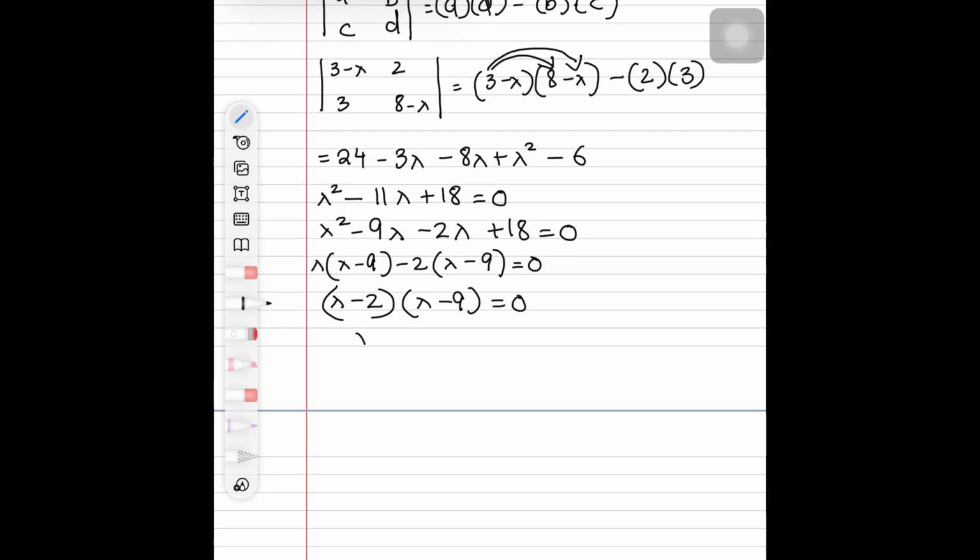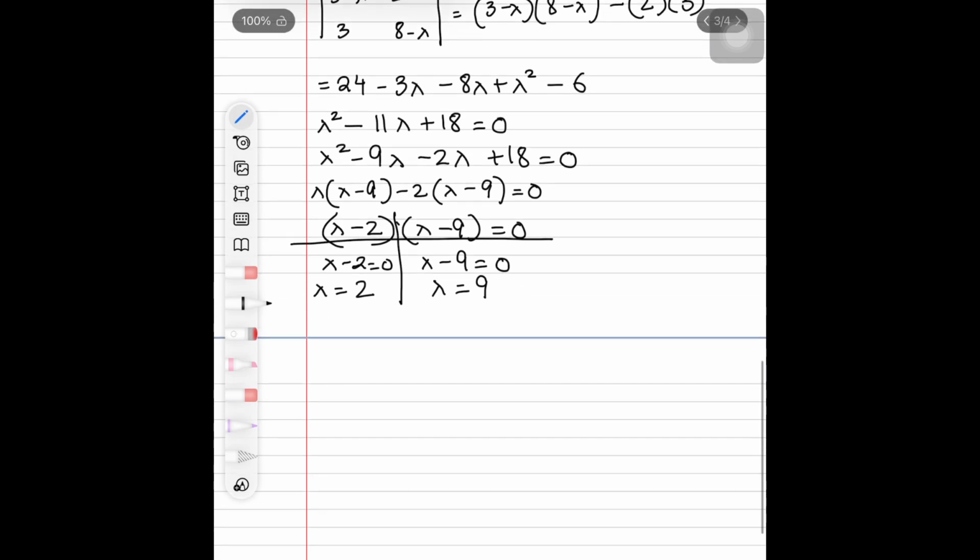So we can solve this. Lambda equals 2 and lambda equals 9. So we'll just say yes, lambda equals 2 is an eigenvalue.